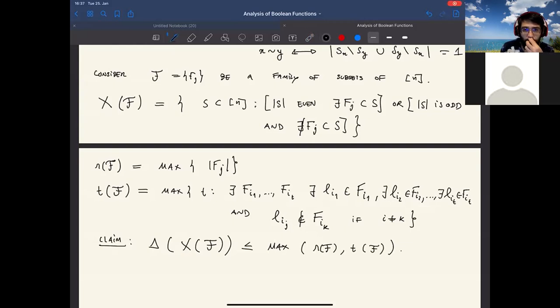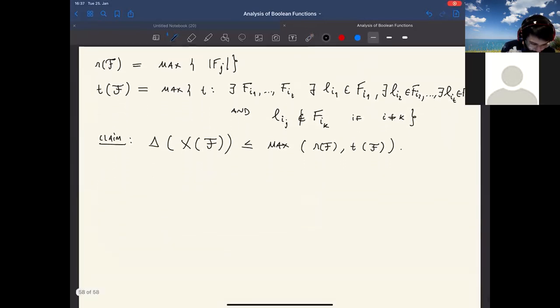Okay, so let's see how. This is actually a pretty simple proof. Well, let F belong to this guy and this guy even. Okay, so say S is connected to S prime, so they differ by exactly one element.